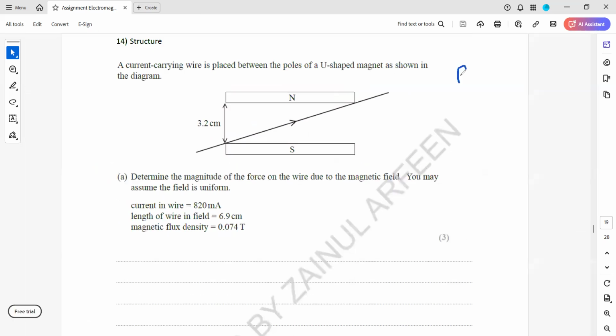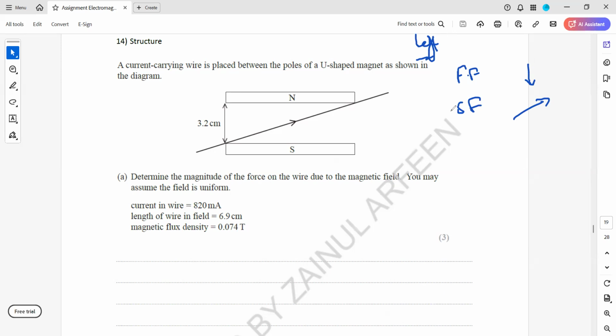According to Fleming's left hand rule, your index finger represents the magnetic field. Use your left hand, with your index finger pointing in the direction of the magnetic field, from north to south. Your second finger represents the direction of the current.